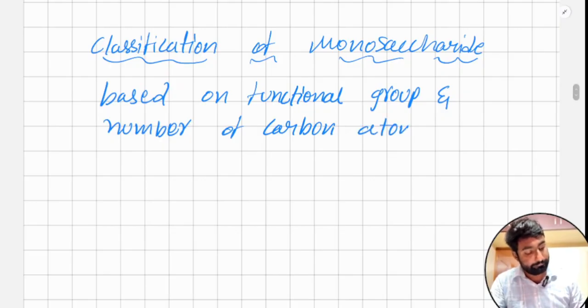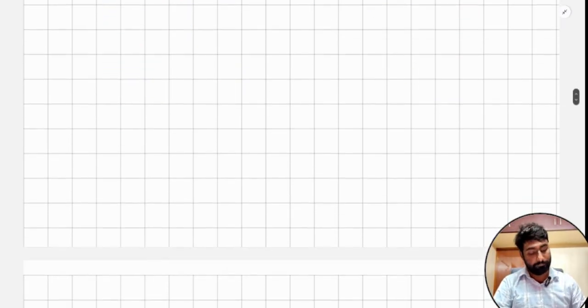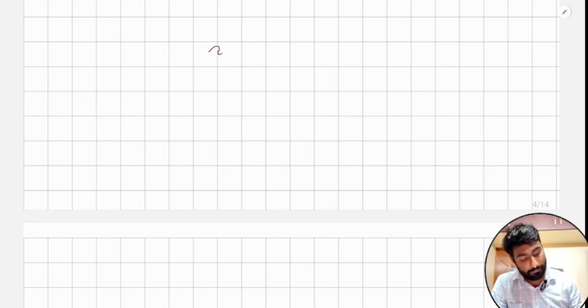Okay, now based on the functional group, we have one is your aldehyde and another is your ketone.